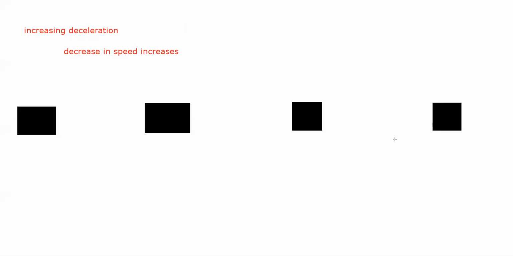If you have an object at different positions, at point A, B, C, and D. At point A, the object was moving with 50 meters per second. At point B, 45 meters per second. At point C, 30 meters per second. And at point D, 5 meters per second.